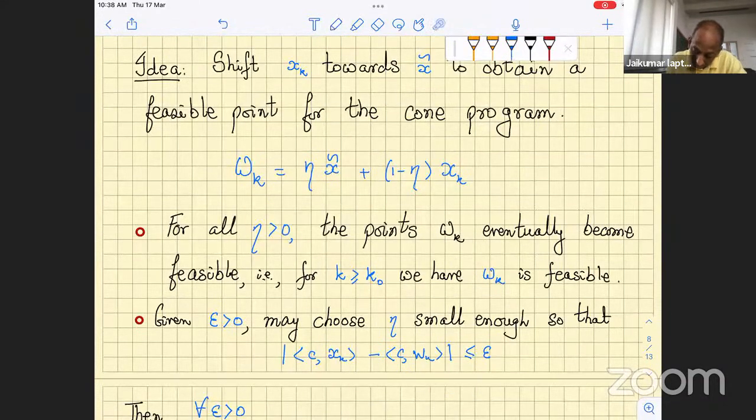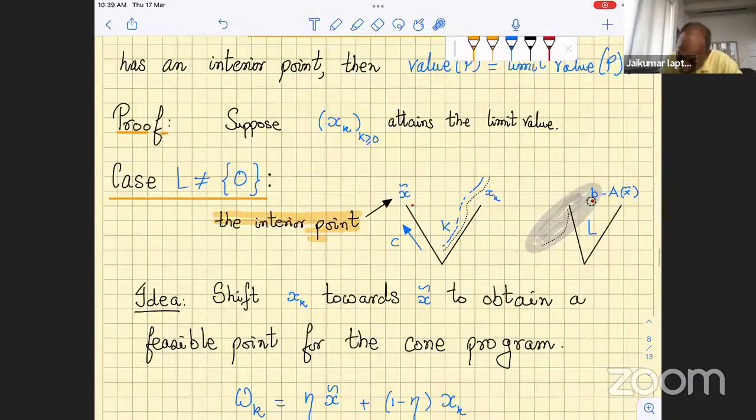So what are we going to show? We are going to show that these points are eventually going to become feasible. That is, as these points are drawn towards x tilde, their images will be pulled towards this point. And because we have a full dimensional ball here, we will be able to demonstrate that this pulling actually pulls it into the cone.